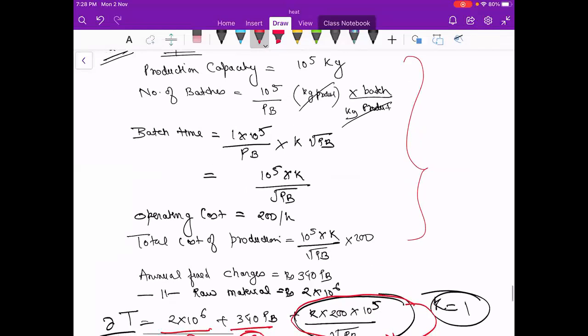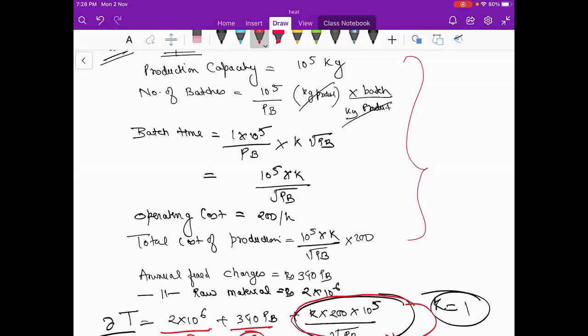Okay, see the solution. Everyone is comfortable? Yes or no?